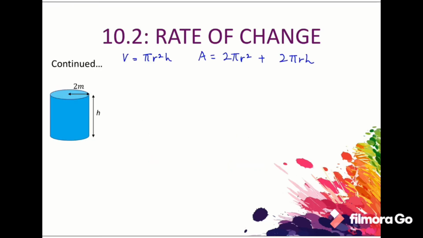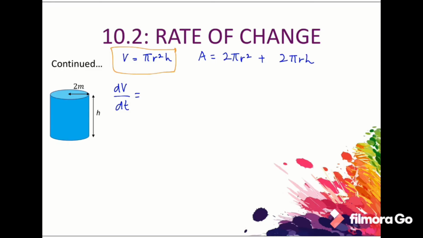So now let's take V as our subject. So we have V equals pi r squared h. If we differentiate V with respect to t, we get dV/dt. And on the right hand side, we differentiate h with respect to t because we want to find dh/dt.